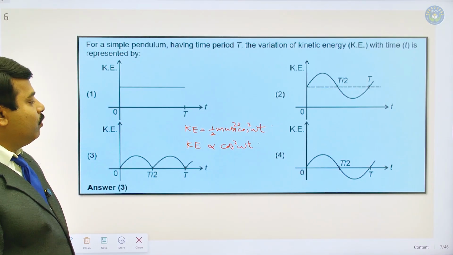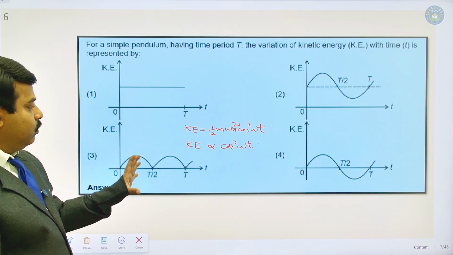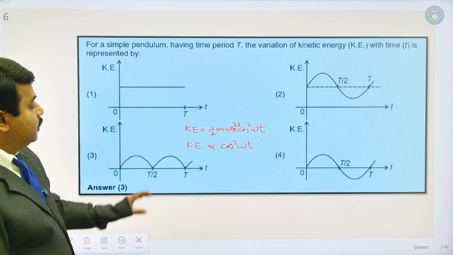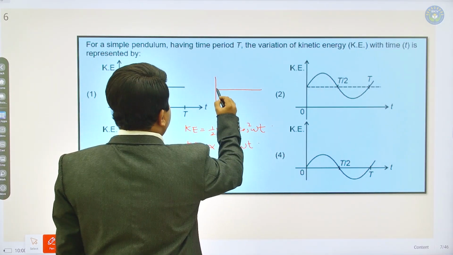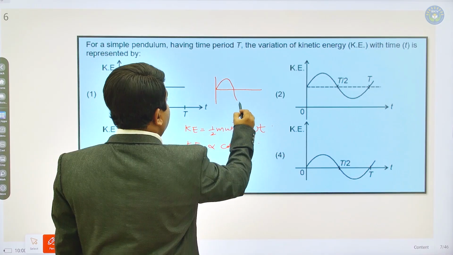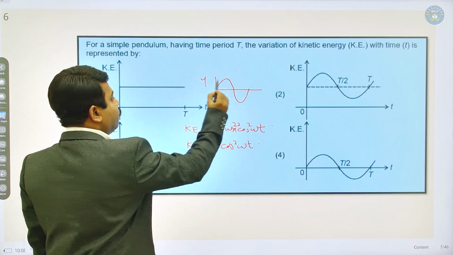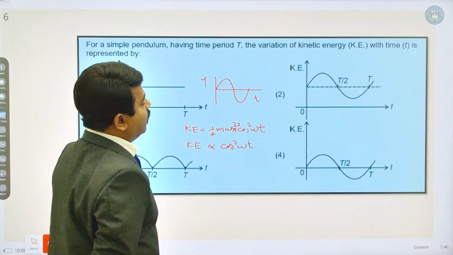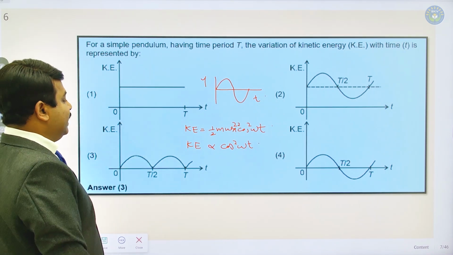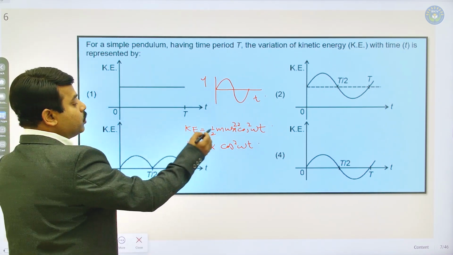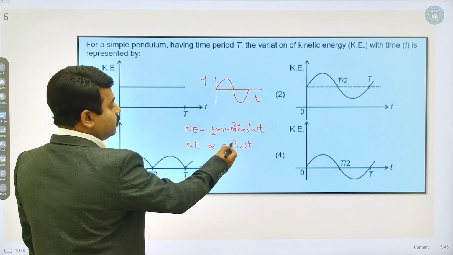What is the cos square function graph? If displacement starts like this, this is the y-t graph for a simple harmonic function, right? So the cos square function graph is in the positive quadrant only because of the square, right?